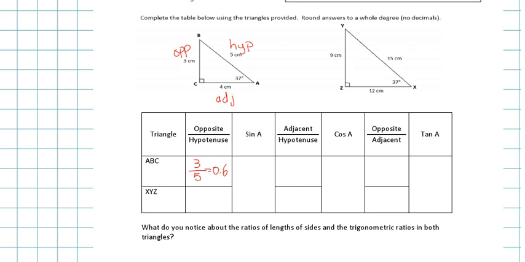Where's the hypotenuse? 15. Where is the opposite? And where is the adjacent? 12. Okay. Now we have to find opposite over hypotenuse for angle XYZ. Opposite is 9 over hypotenuse is 15. What's the answer?